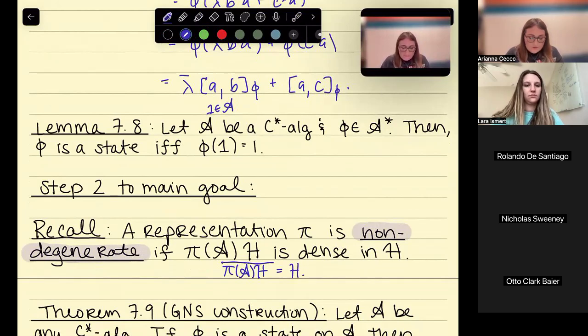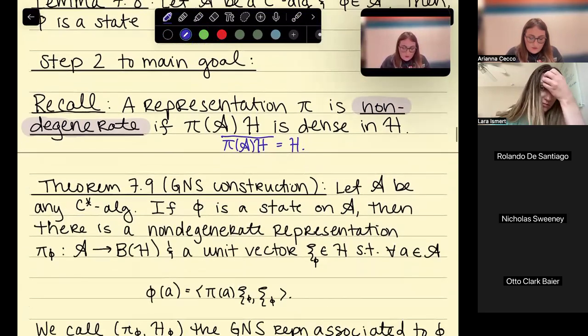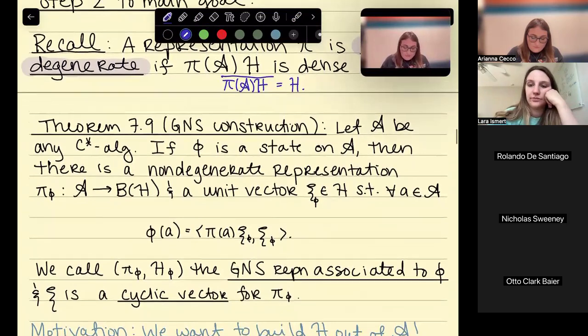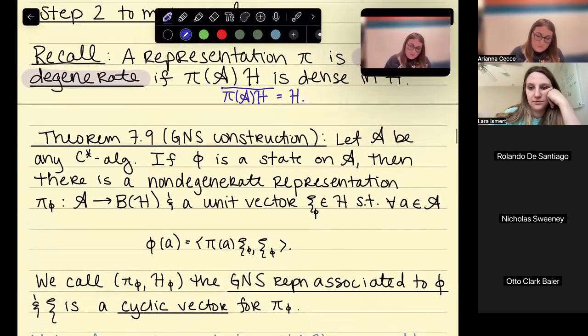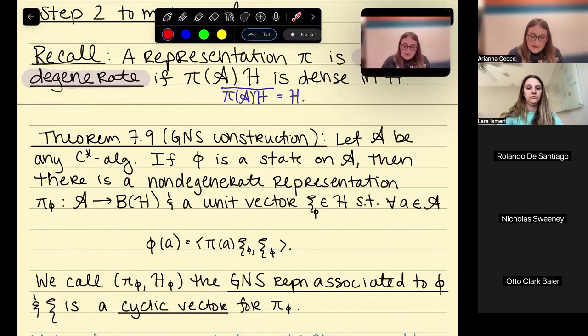All right, so here, theorem 7.9, this GNS construction, we're going to let A be any C-star algebra. So here I'm not assuming unital, just any C-star algebra.